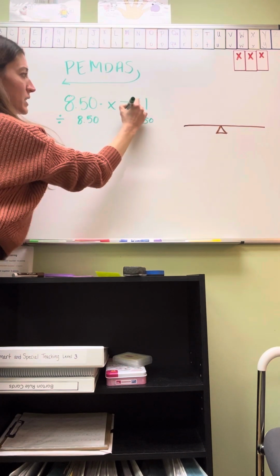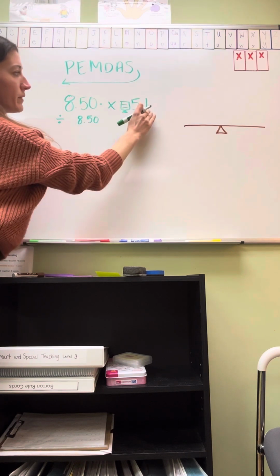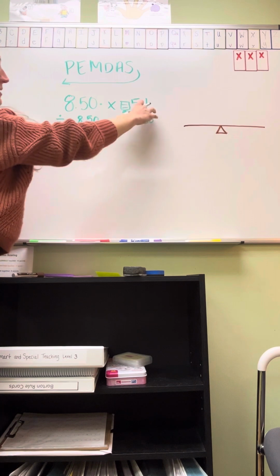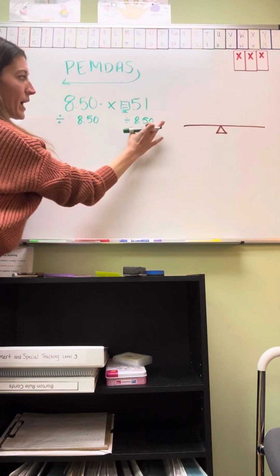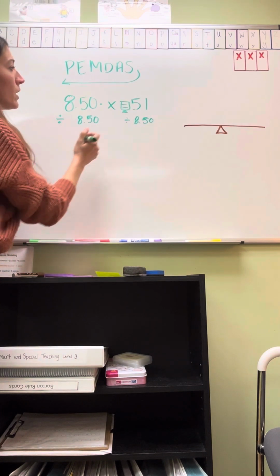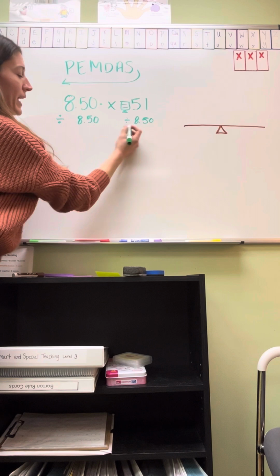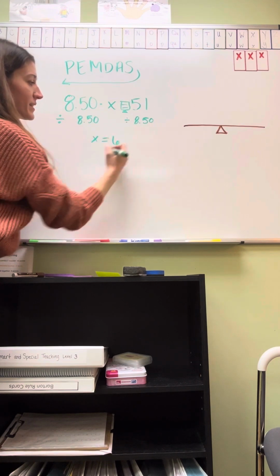Because my equal sign is my balance beam point, I have to make sure that everything on this side of the equal sign is treated the same as everything on this side of the equal sign. So anything I do here has to also happen here, otherwise my puzzle is not going to make sense at the end. So 51 divided by 8.50 is 6.